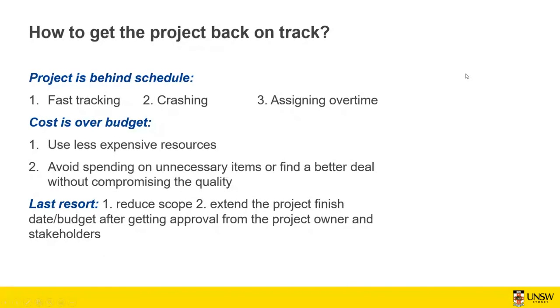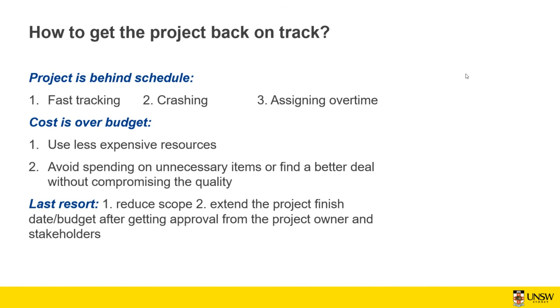So how do you get the project back on track? We discussed that. You can do fast tracking, you can do crashing, you can assign overtime to the staff so they can finish the job sooner. When the cost is over budget, you can use less expensive resources with the same quality as much as possible, avoid spending on unnecessary items, or find a better deal without compromising the quality.